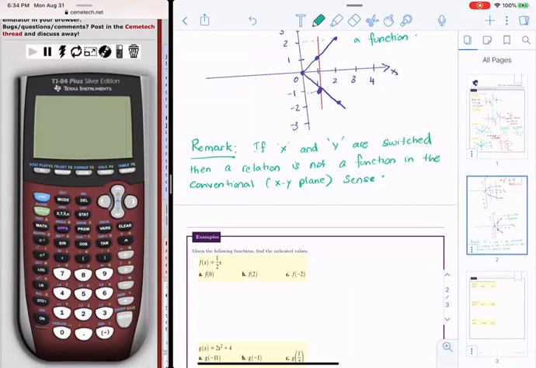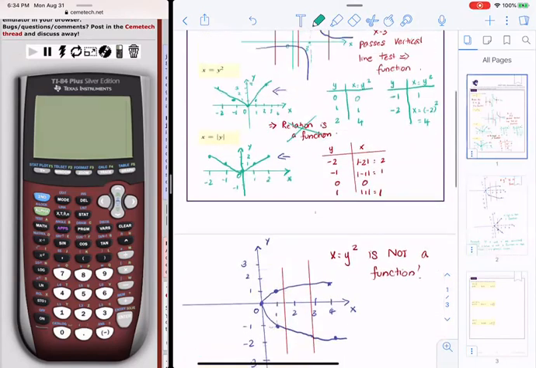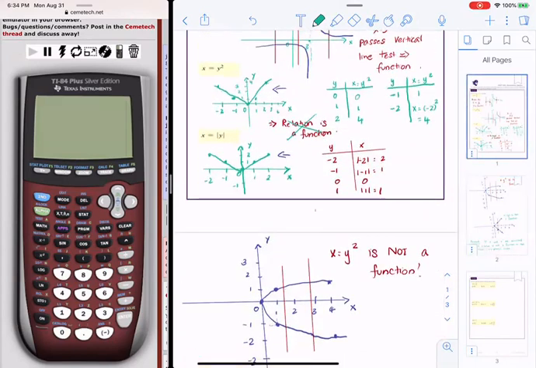So another way to look at it is, well, if you incorrectly graphed it, as we did earlier, you shouldn't be drawing a vertical line. We switched the x and y, we have to draw a horizontal line.